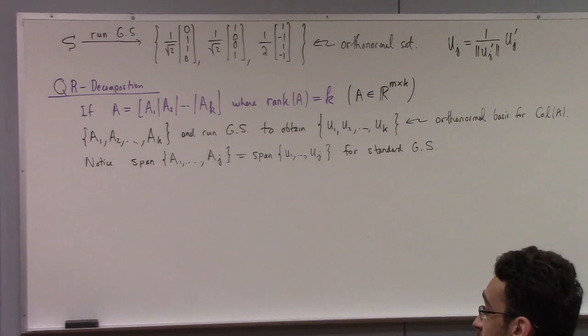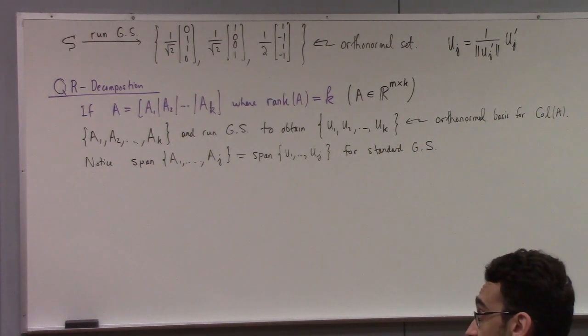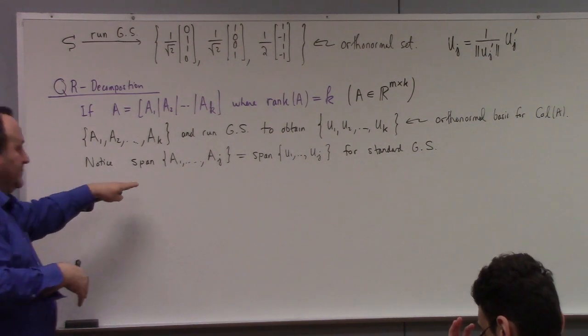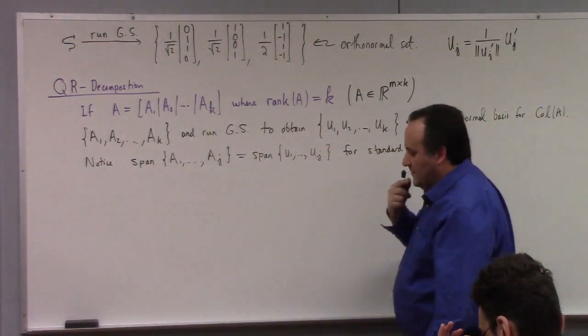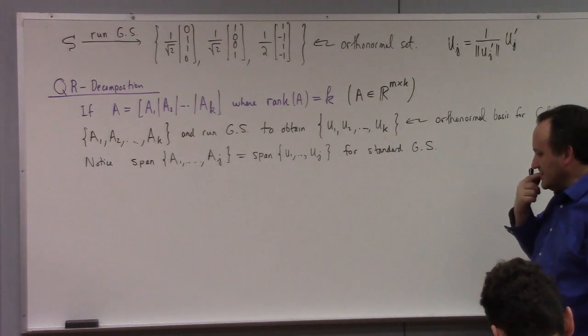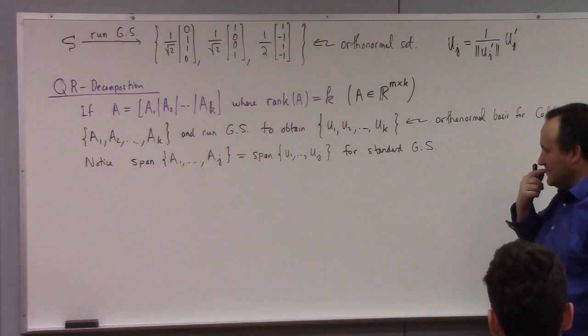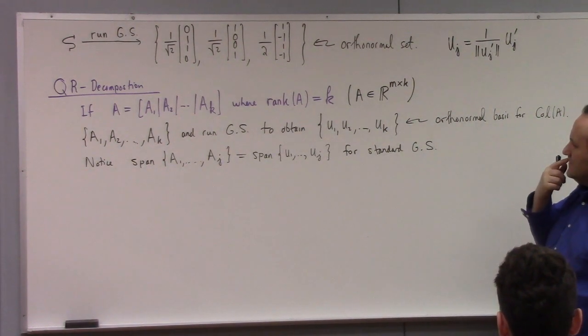So it's fairly obvious if you sit and look at these formulas that the span, anyway, you can prove that this is true for the standard Gram-Schmidt algorithm. But I probably wouldn't ask you to do that. I don't know, is that a reasonable question?